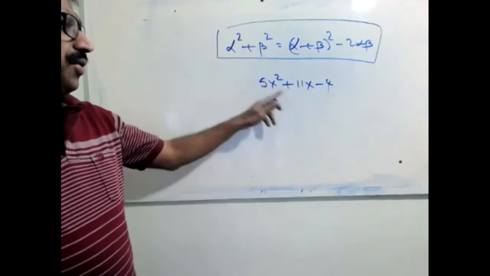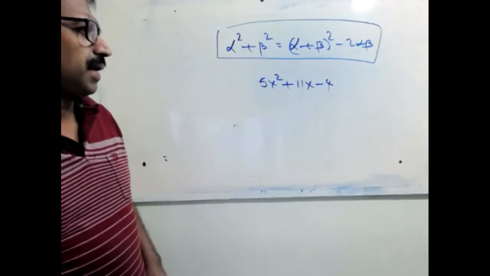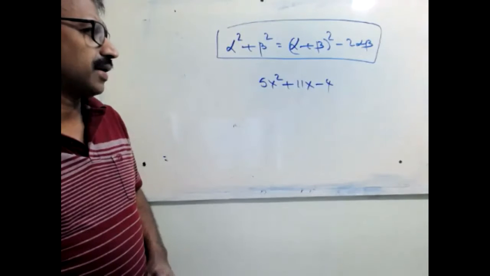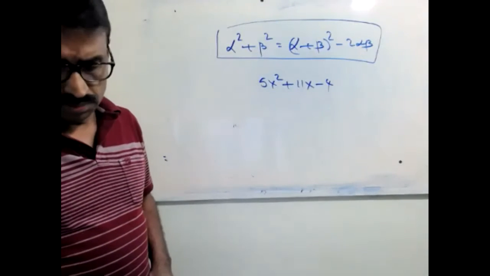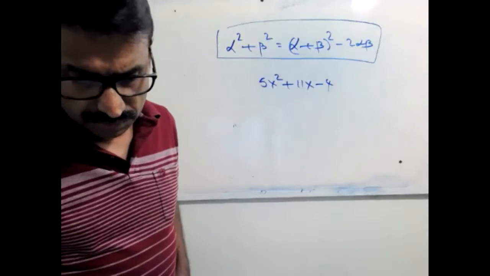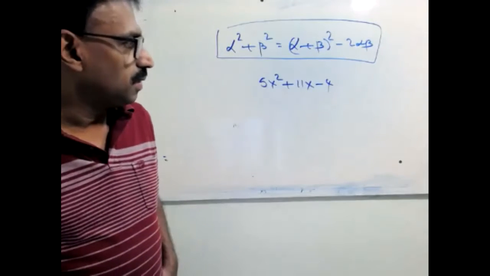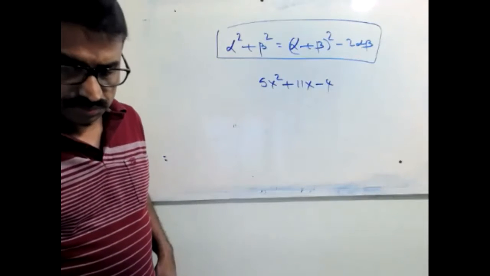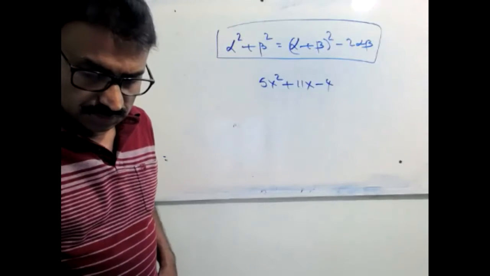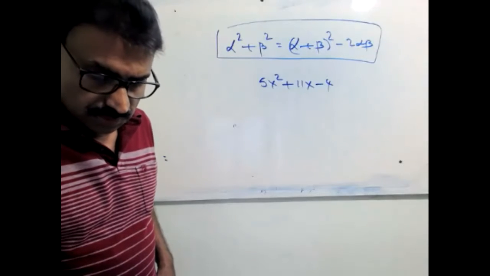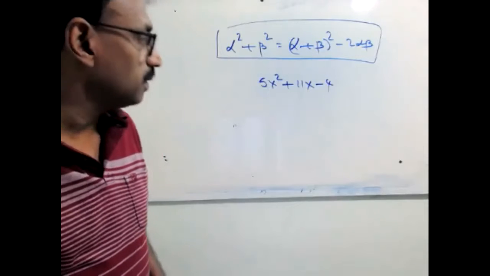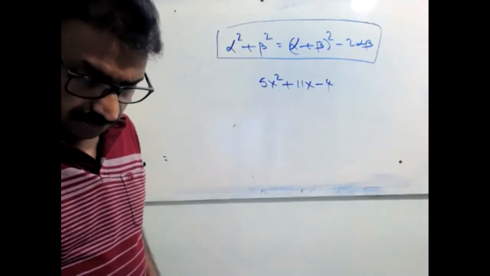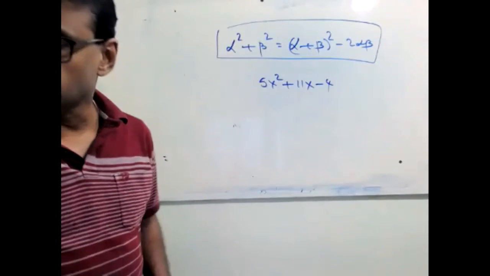Splitting 20, minus 20. Can we split this one? 12 and 1, right? We cannot split, right? We can split.